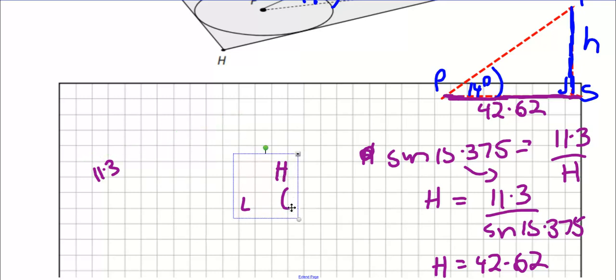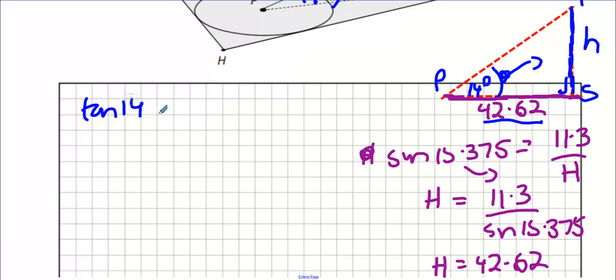We're going to use that right angle triangle on the top right of the screen. Now we have the opposite, H, which is the height of the pole, not to be confused with the capital H I used earlier. And the adjacent is going to be 42.62, so it's going to be tan 14 degrees equals H over 42.62.